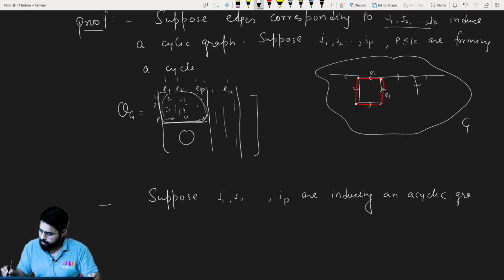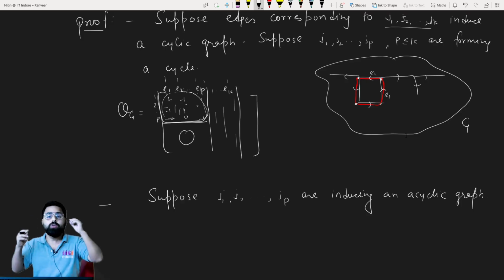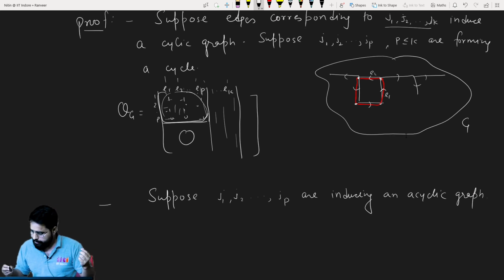Acyclic graph means there is no cycle in it. That means it will be a collection of trees.